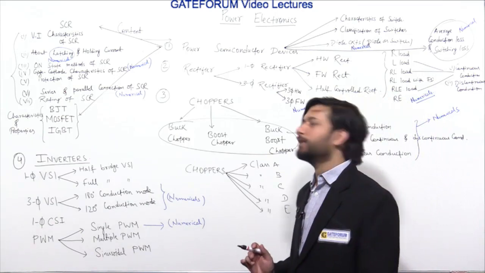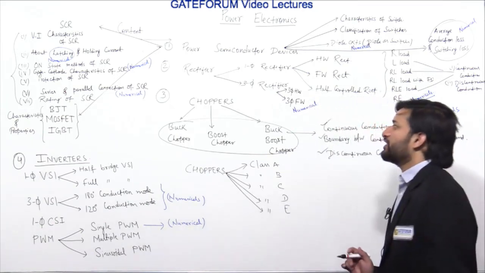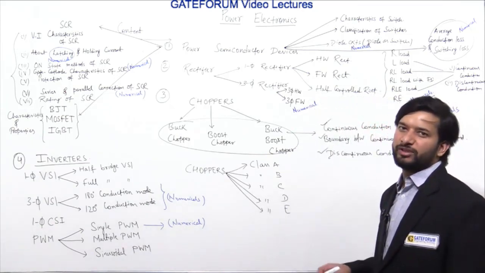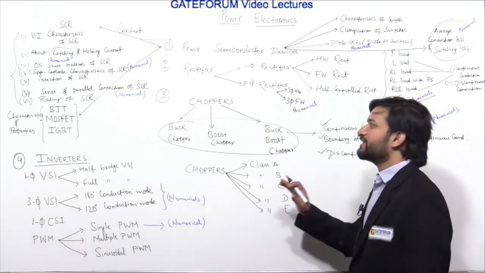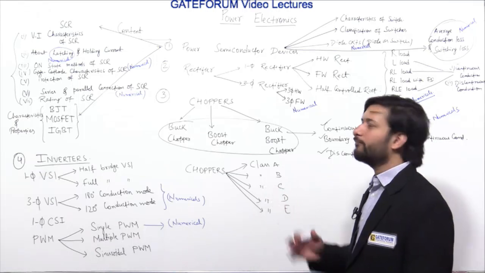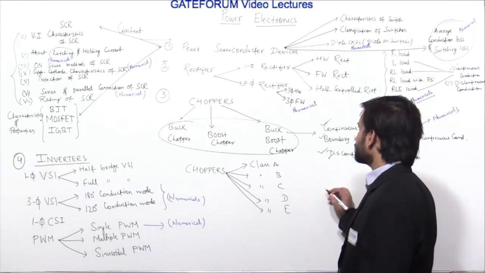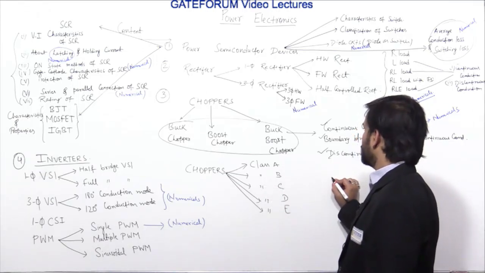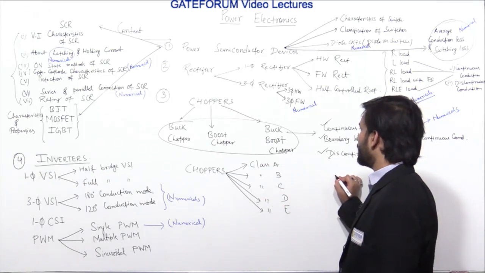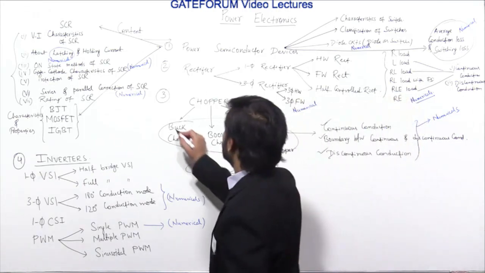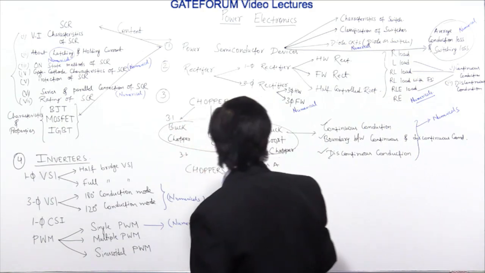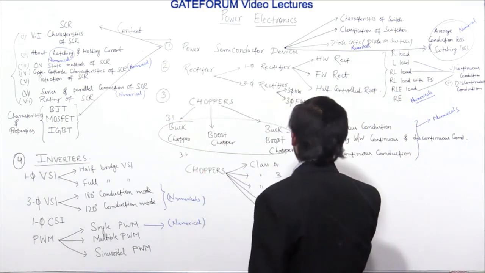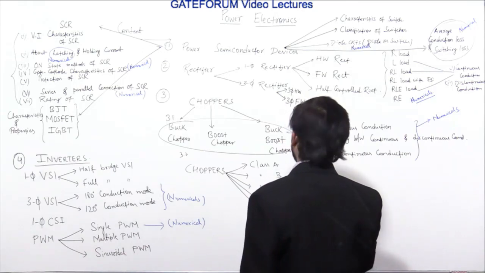So they require a commutation circuit that can turn off the switch successfully, so that the device is available for the next operation. So I'll have it in the chopper part only. So this was say 3.1, this is 3.2, and the 3.3 part will be commutation circuits.